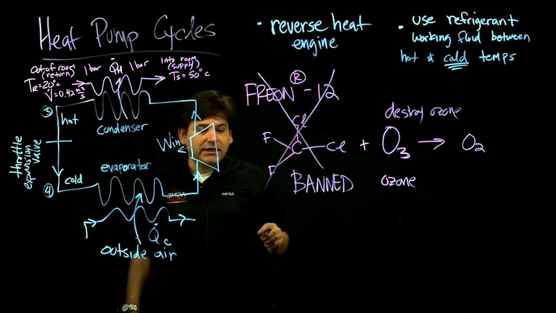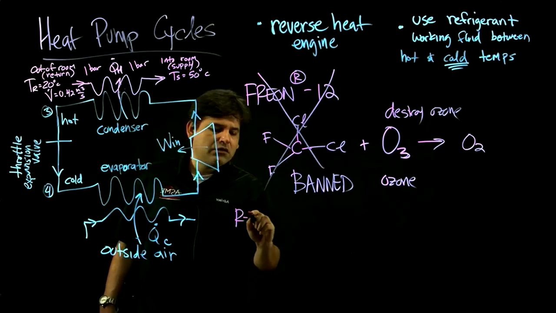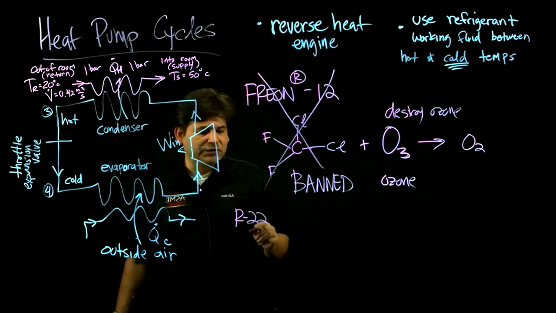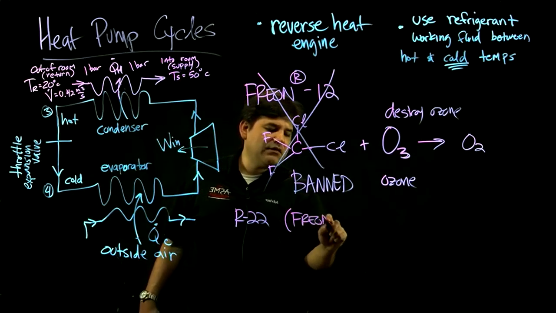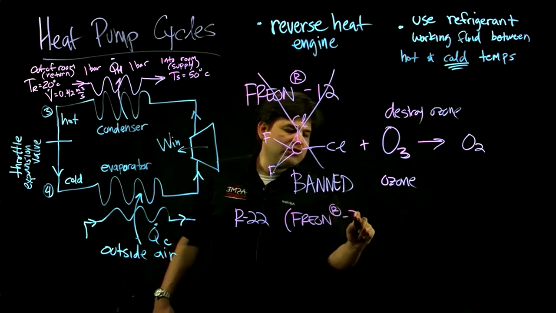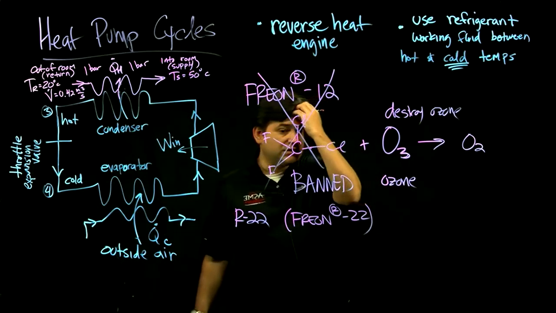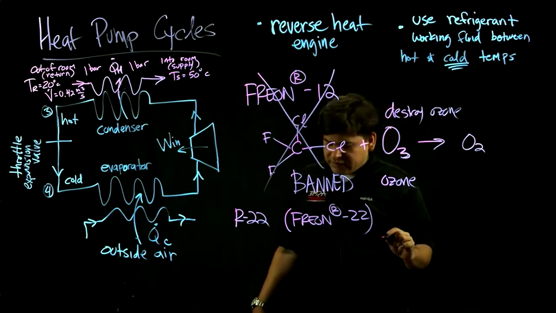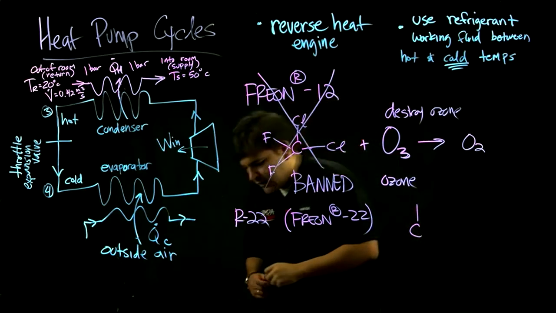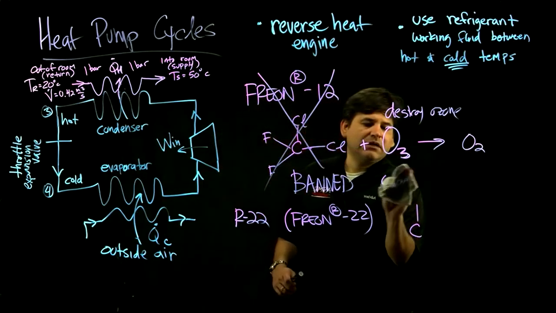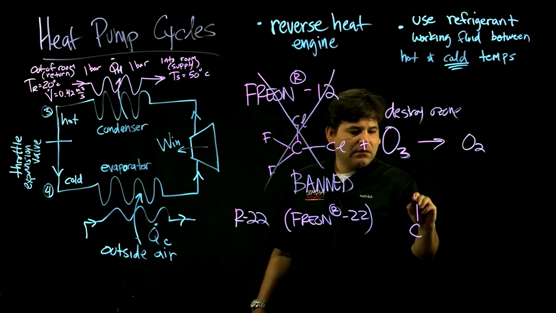But interestingly, we still use something called R22 in the heat pump specifically. We use R22, whose brand name is Freon 22. And it's legal, and I guess they modified it to make it more mild. So the ozone depletion is not as bad, which is good.